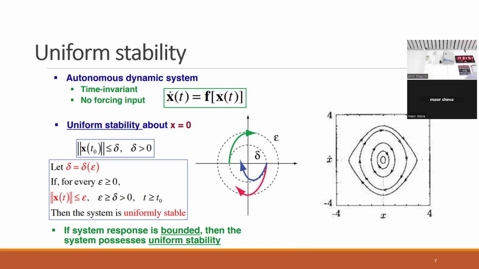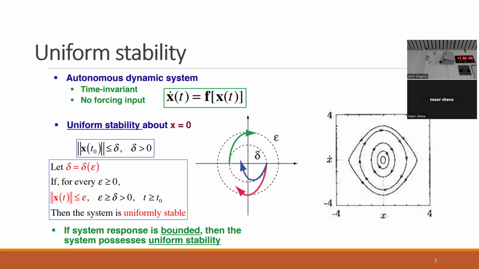So it means, I'll show you here, that there is a delta such that the system starts within the radius of delta. And over time, the system moves and changes the state. This is the state space, x and x dot. So the system moves to another place.